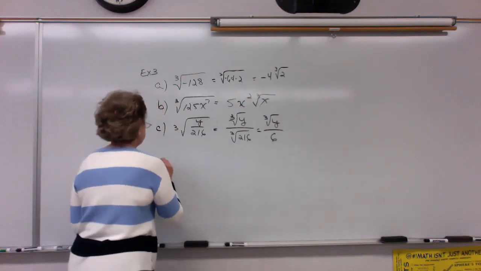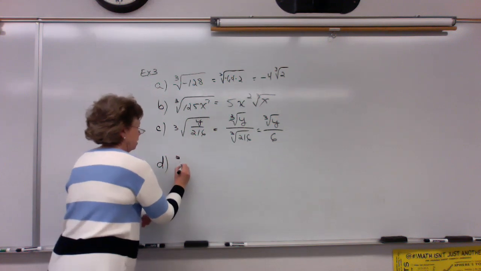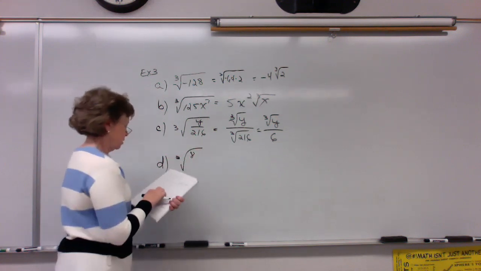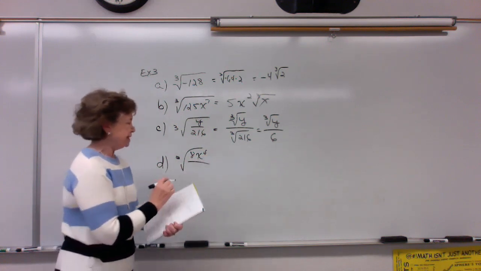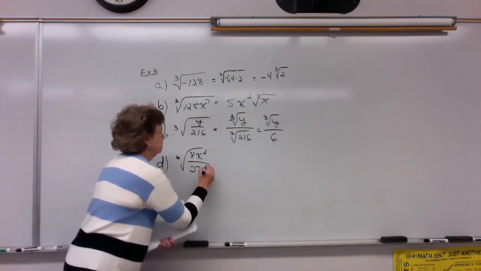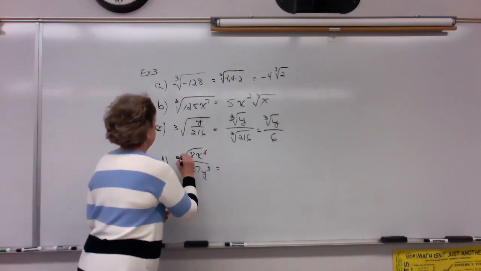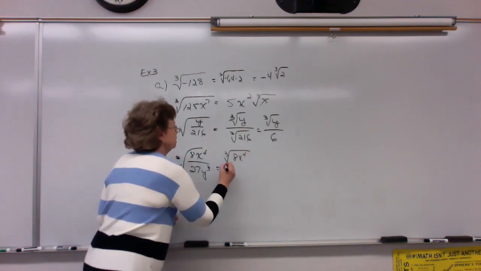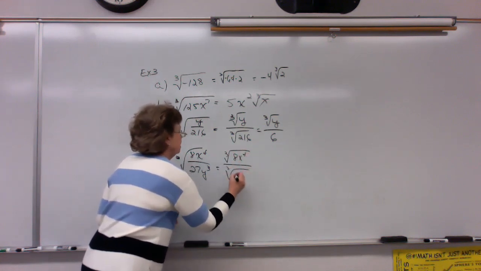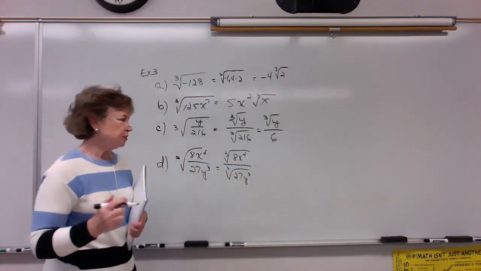And the last one in that example was the cube root of 8x to the 4th over 27y cubed. Pull them apart, so you have the cube root of 8x to the 4th divided by the cube root of 27y cubed. And then just handle each one separately.